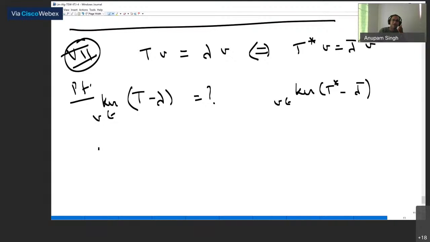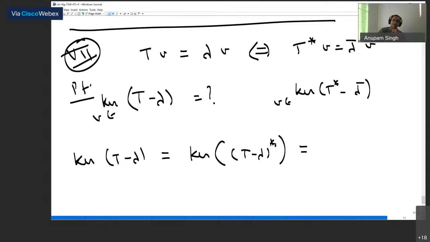So instead of T, I will take T minus lambda. From that statement, I get that the kernel of T minus lambda is the kernel of (T minus lambda) whole star. But if I apply star on the sum, it becomes the star of the first and the second. So this is the kernel of T star minus lambda star. Lambda is a scalar matrix, its star is just lambda bar. And this gives me property 7.